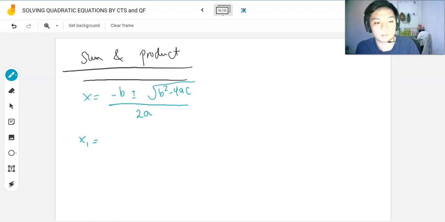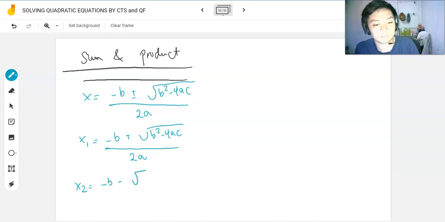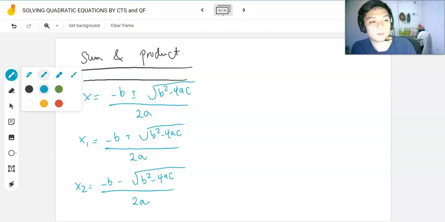As x sub 1 equals negative of b plus square root of b squared minus 4ac all over 2a. And then x sub 2 equals negative b minus the square root of the discriminant b squared minus 4ac all over 2a.